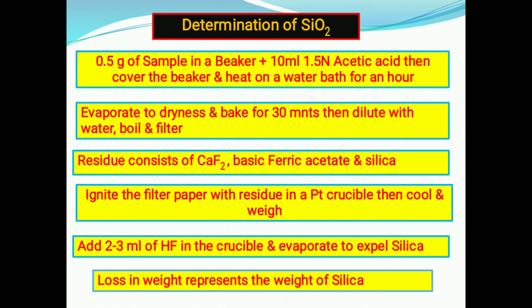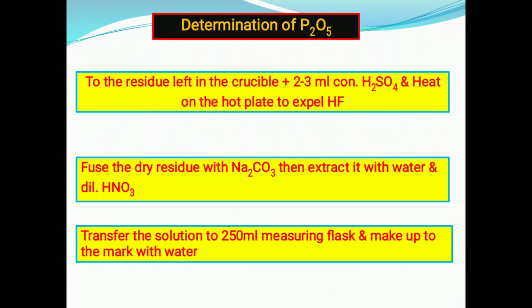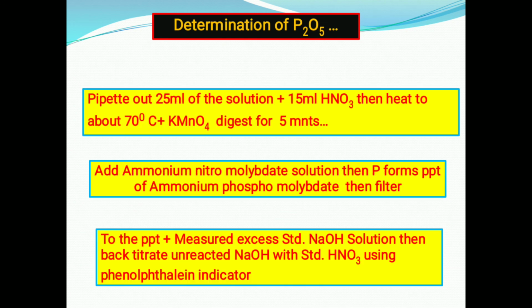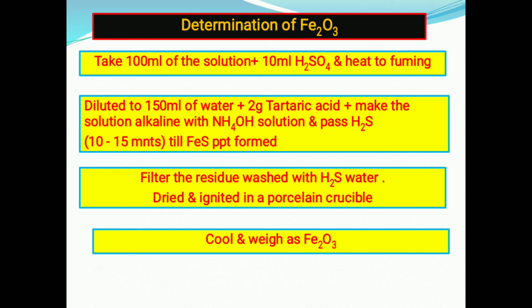Determination of silica by using gravimetric method, determination of phosphorus pentoxide by using volumetric method after conversion of phosphorus into ammonium phosphomolybdate. Then you need to dissolve the precipitate and titrate it against HNO3. Determination of Fe2O3 is also gravimetric method. Here FeS will be precipitated, after that ignite it as Fe2O3.